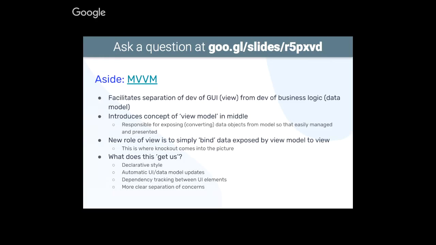But also because it gives us a nice declarative style that gives us some nice features like automatic UI and data model updates, dependency tracking between user interface elements, and a more clear separation of concerns from visual elements to the actual business logic of interacting with IPFS.